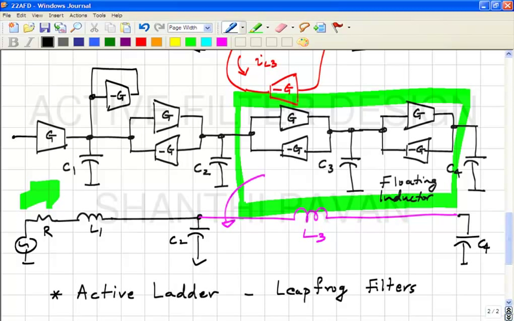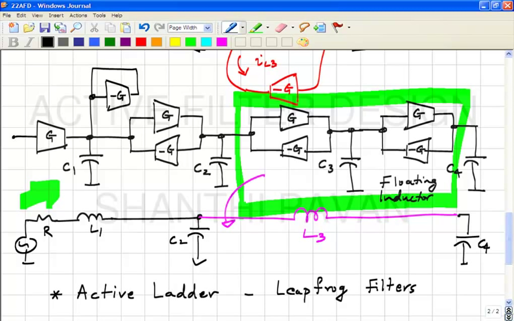Okay. And since this emulates the same kind of equations as the passive ladder, it must follow that it will inherit the same low sensitivity properties of the passive ladder.